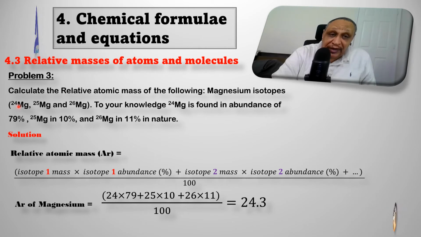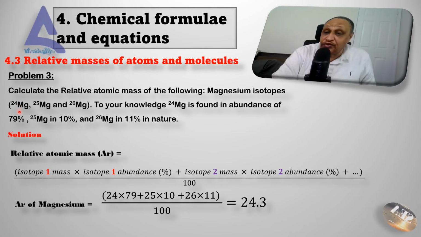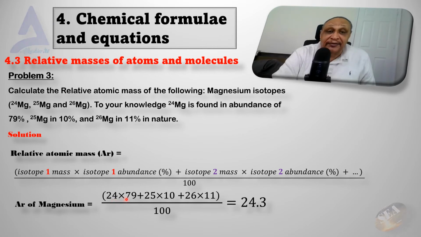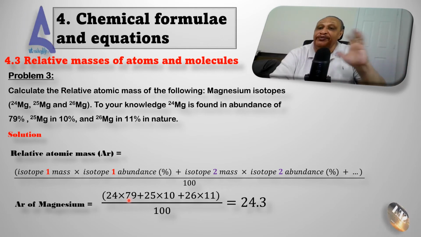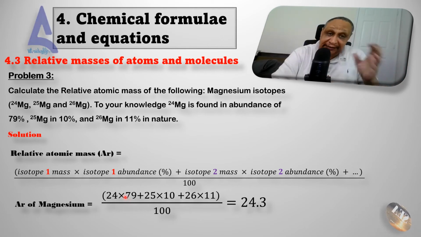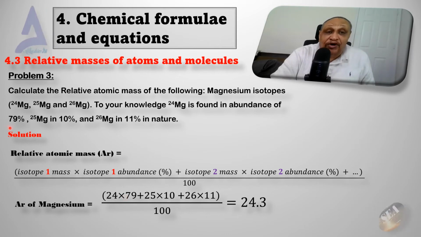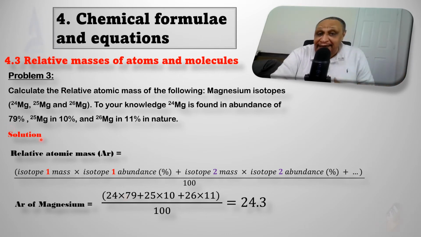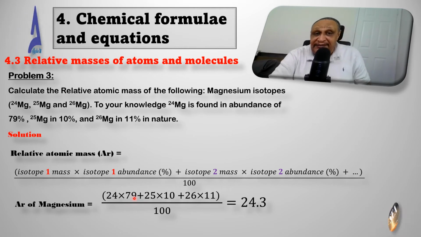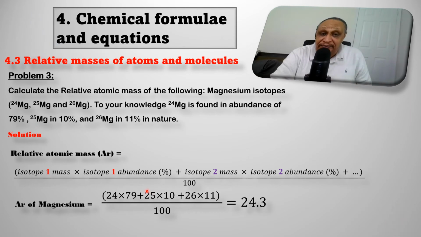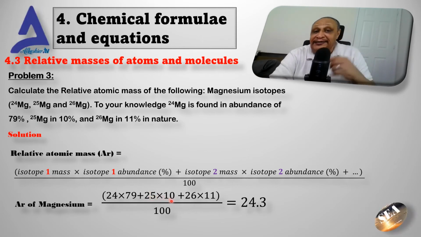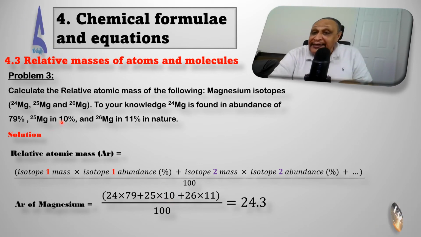First we are going to start with isotope 24. It is 24 because this is the mass of the isotope, multiplied by its percent or abundance, its contribution in nature. So this is 79. So 24 multiplied by 79. The other one is magnesium 25. So 25 is the mass of this isotope multiplied by 10, which is its contribution in nature.